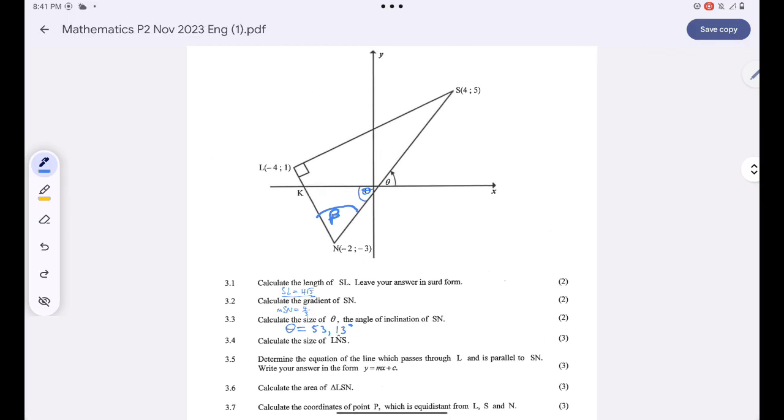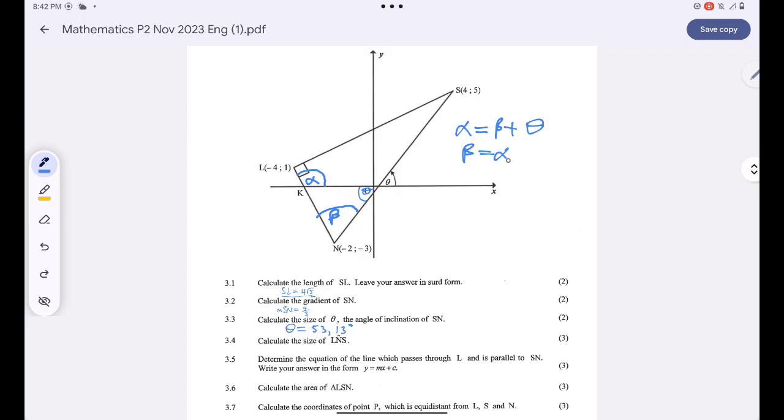Are you together? However, I know that the angle of inclination of line LN will be this one. Let's call this one alpha. So alpha will be angle beta plus theta. Why? Because alpha is an exterior angle of this triangle. Are you together? So I want to find beta.